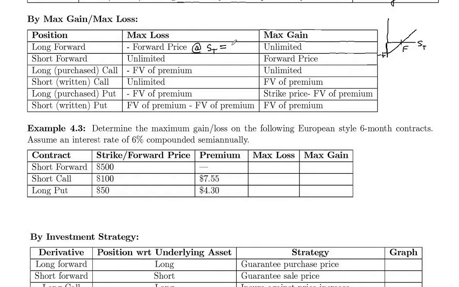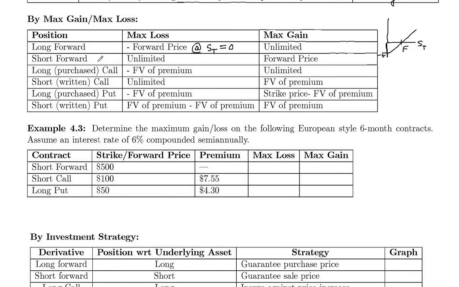So if you've got an obligation to buy this at the forward price, and if the market price decreases to 0, okay, somehow the company or the commodity that you've entered into an agreement to purchase becomes worthless, then you could lose that whole forward price. So this is minus F. So negative of the forward price is your max loss.